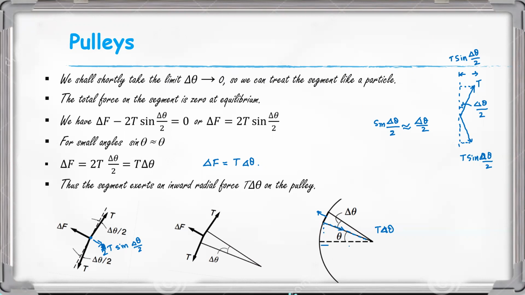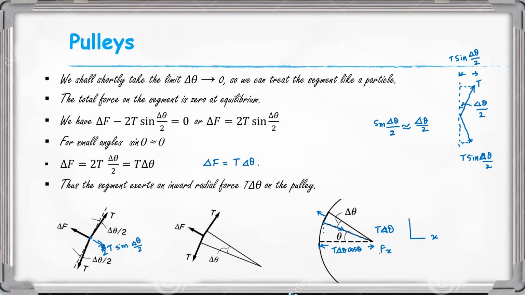Then this component must be equal to T delta theta cos theta. It is the component of force in the x direction. So the force in the x direction is T delta theta cos theta.